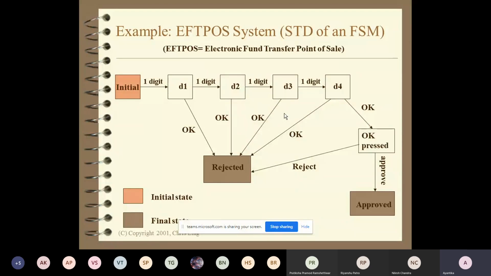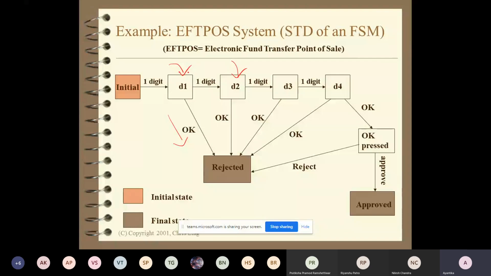Here we are considering 4 digits, D1, D2, D3, and D4, and in each step we are entering these digits. Initially, we enter 1 digit, and if we press OK at that point, of course our pin will not be accepted because that is a wrong pin.